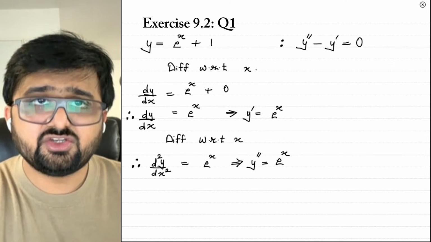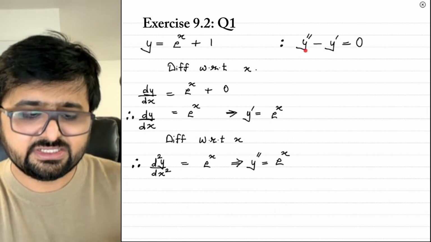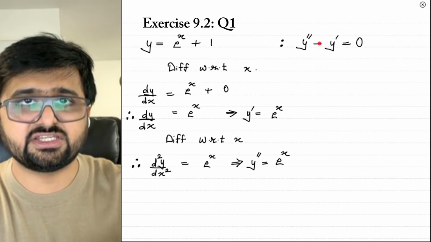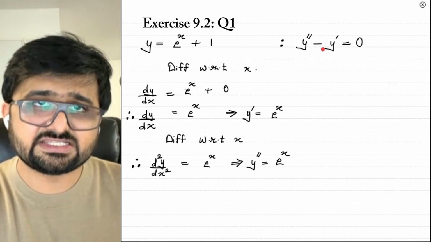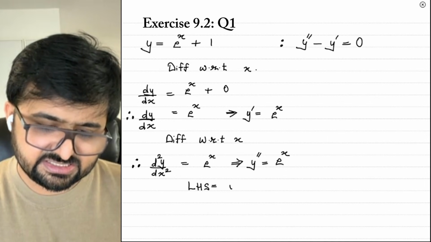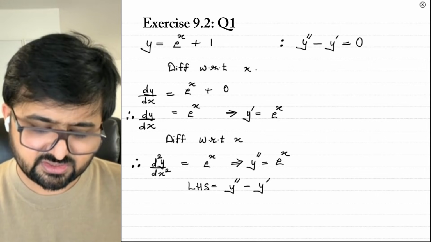Now we need to prove that this equation is true. In other words, we have to prove that this equation in x and y is the solution of this differential equation. In order to prove that, let's start with LHS. LHS is y double dash minus y dash.